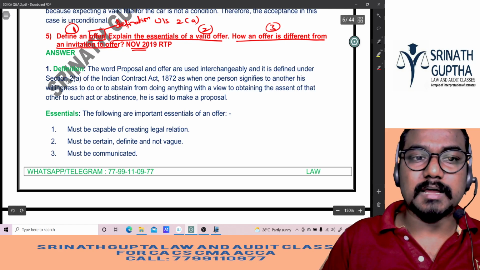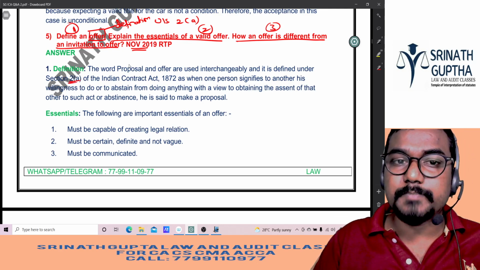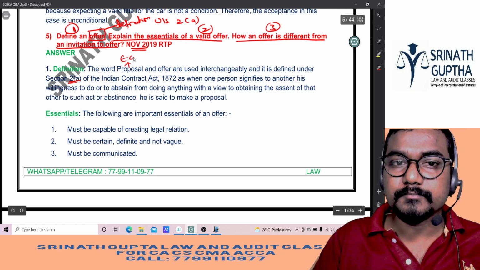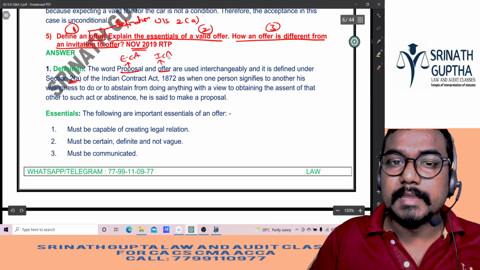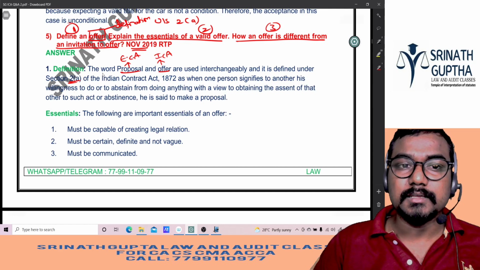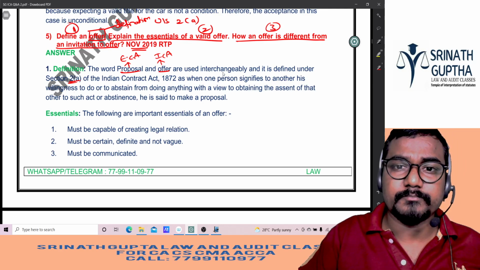First, definition of the offer as per 2a. The word proposal or offer. Proposal is as per the English Contract Act beta. Offer is as per the Indian Contract Act. Same but different names. In India we call it an offer. In England they call it a proposal. The words proposal and offer are used interchangeably, but both are the same.